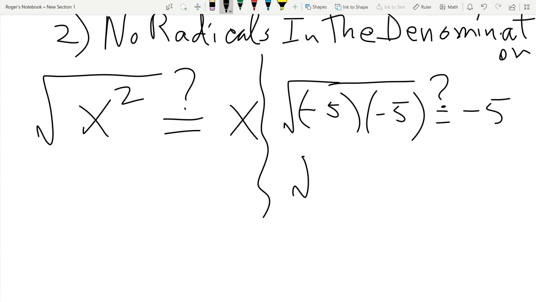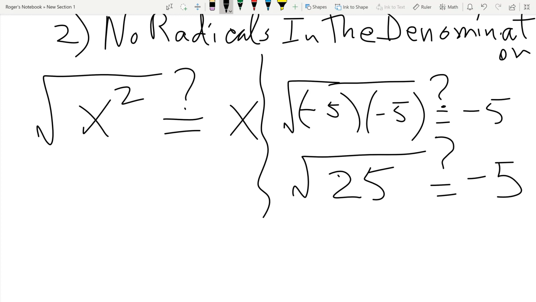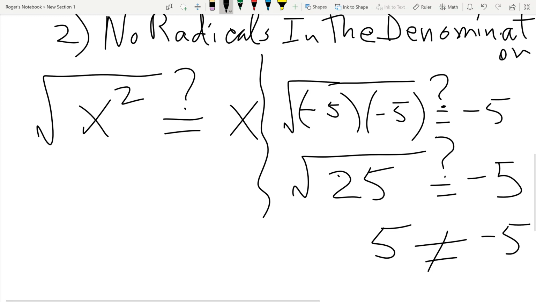Well, under our radical, our radicand, -5 times -5 is positive 25. Is that equal to -5? And the answer is no. 5 is not equal to -5. Okay? So we've got to be careful.